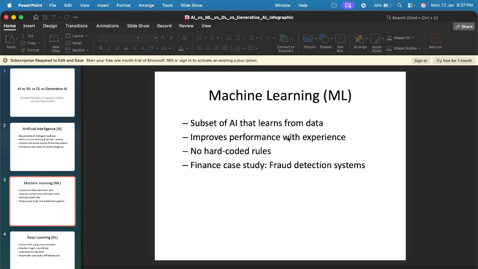If we go into a deep dive, what artificial intelligence does is mimic human thinking and decision making. It includes rule-based systems and learning systems. Healthcare case study: AI assistant diagnosis.